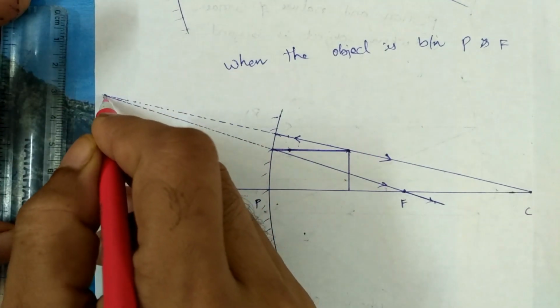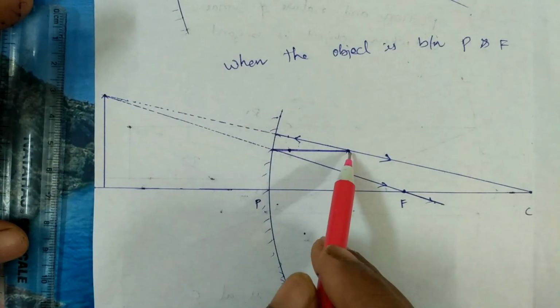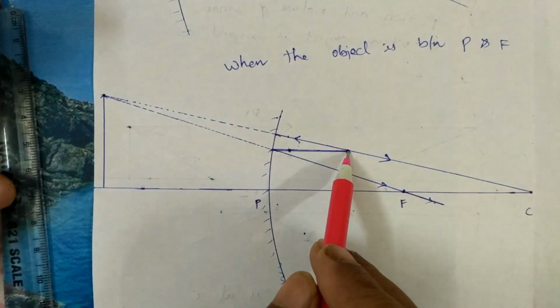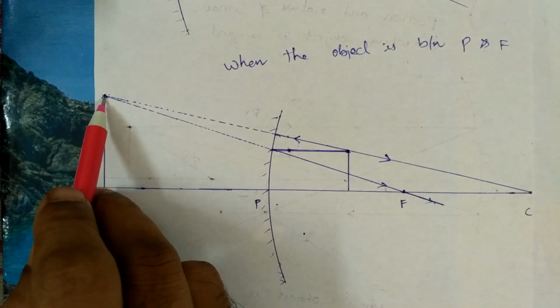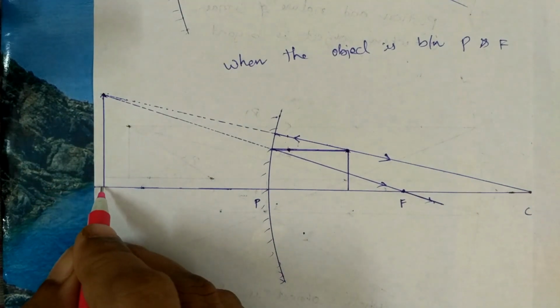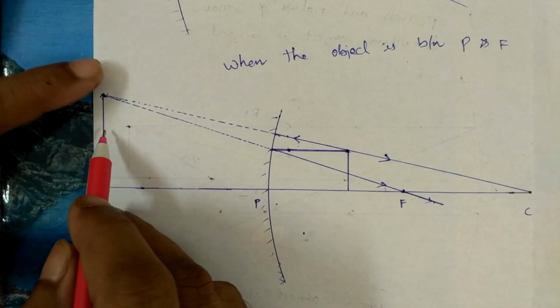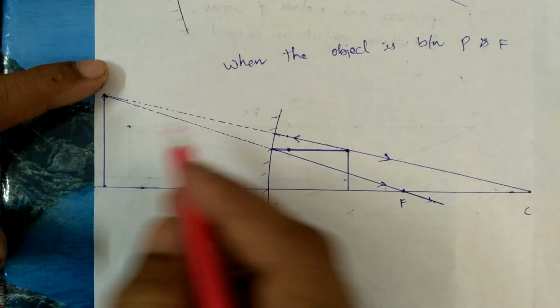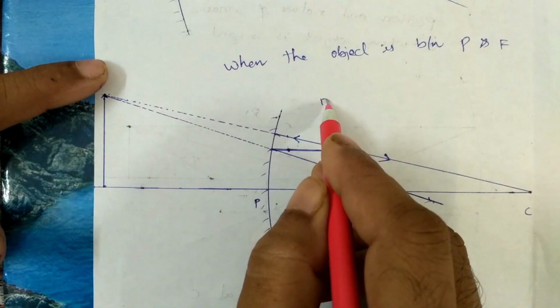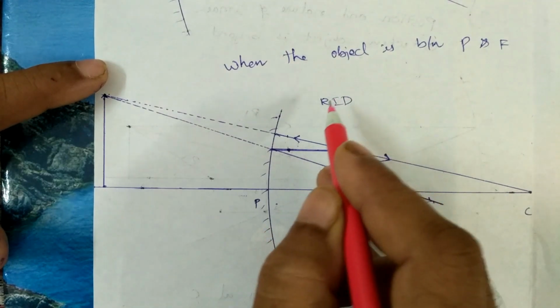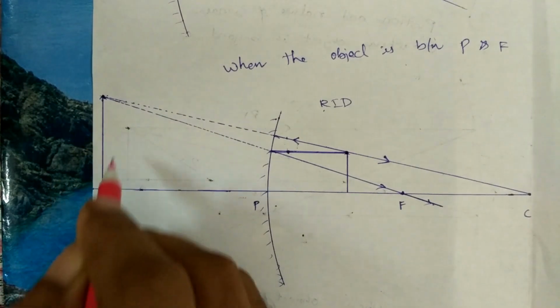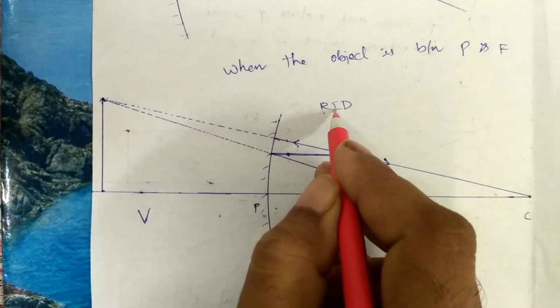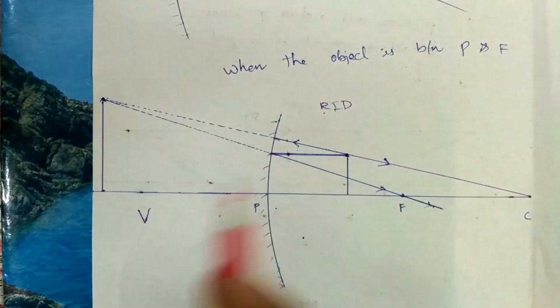So erect image, as this is the top of the object, as the incident rays start from the top of the object and as they met here, this will be the image of the top, virtual image, and this will be the base. So that's why this is an erect image. I told you, remember RID, read. R stands for real, so it is real or virtual. So a virtual image will be formed. Inverted or erect.